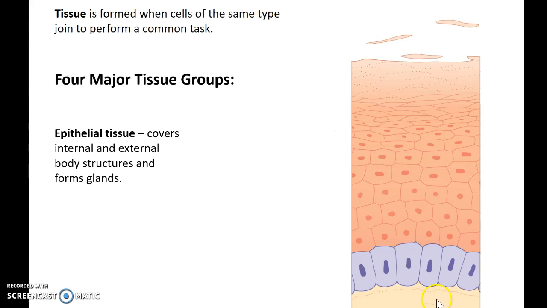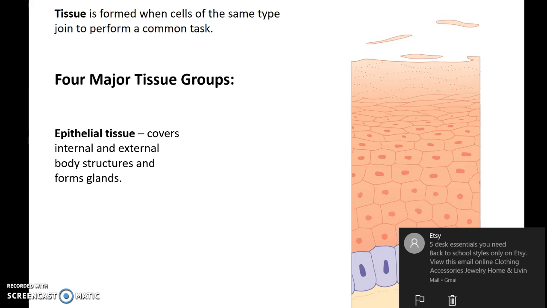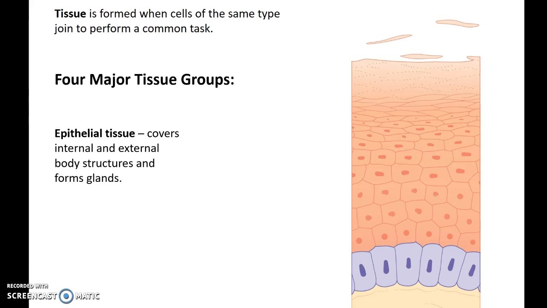So as you can see here, they get stuck together. Okay. Where is epithelial tissues found? Epithelial tissues will be found in your blood vessels, lining the respiratory system, linings of the digestive system, or the outer covering of your skin. Okay. 4 types of tissue. First one is epithelial.